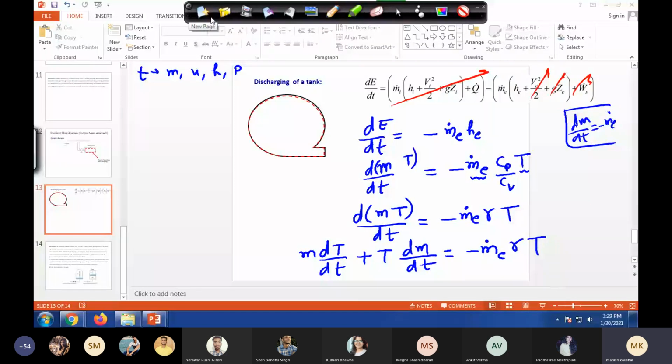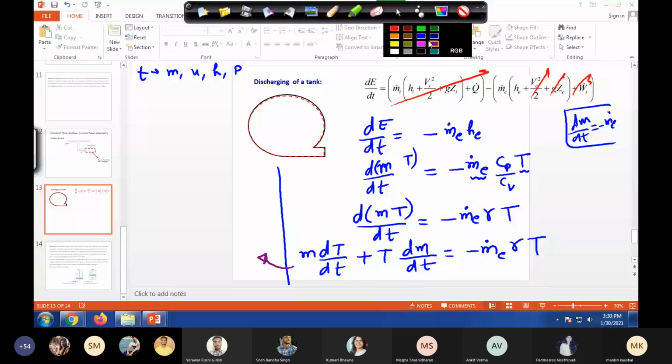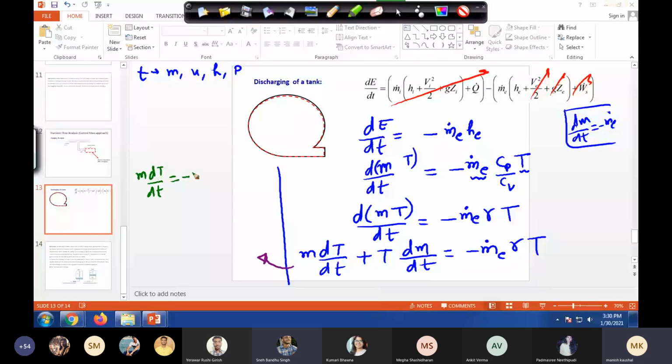Great. So if we arrange it, next page, and let's make a line here. Now if we write it, what will we write? Let's use another color. m dT by dt is equal to, this will go to the other side. So what we can take common is minus m dot. And then we have T, gamma plus 1 or minus 1?